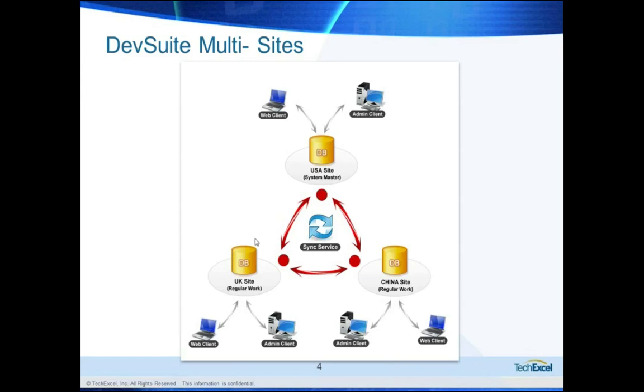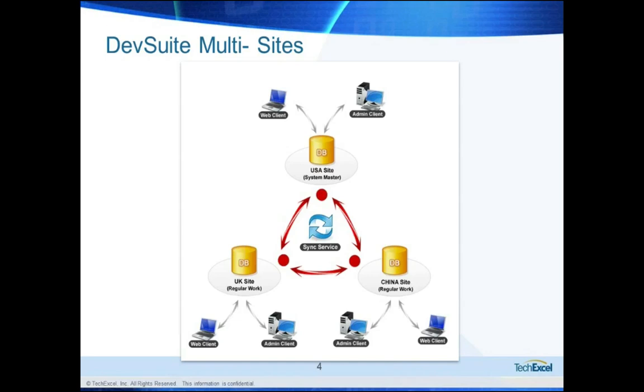With DevSuite multi-sites, now you can accomplish unlimited scalability by installing multiple database servers for your remote teams. If you have teams in different countries, your performance can be limited by the bandwidth between two countries.